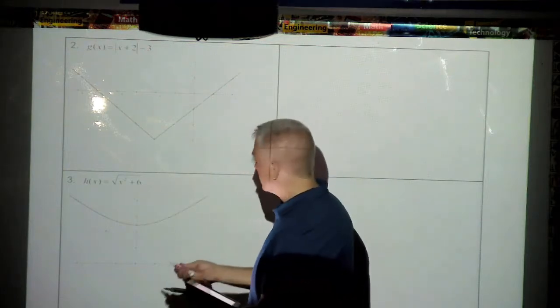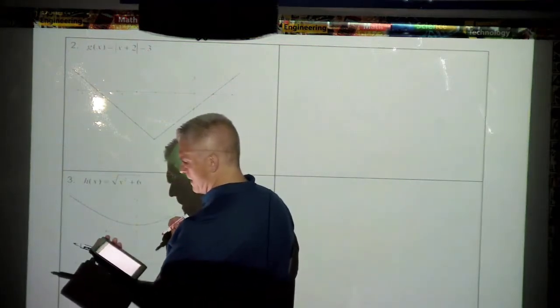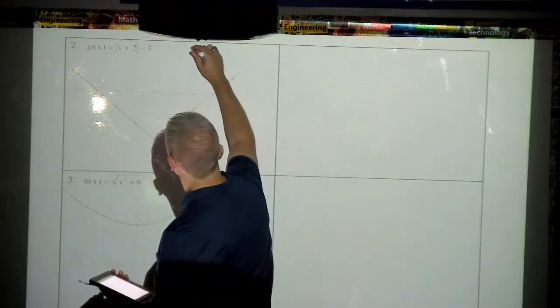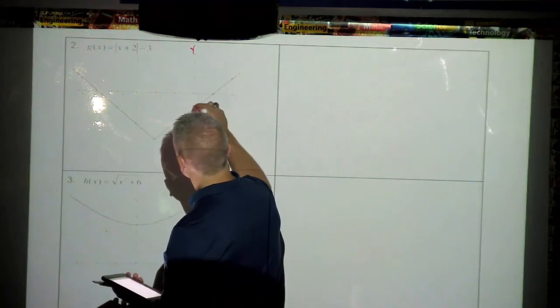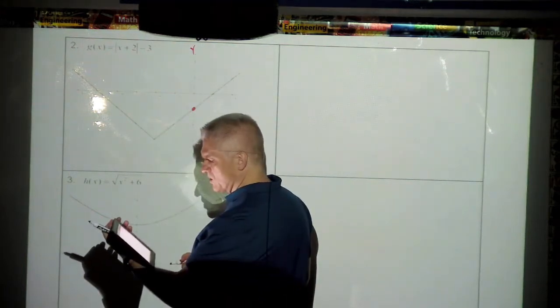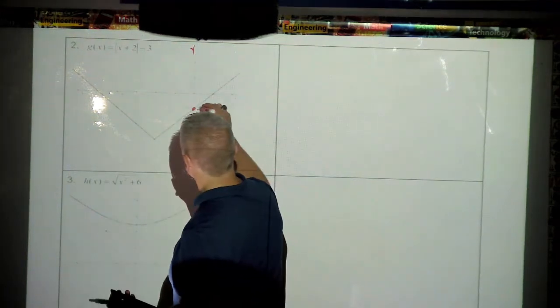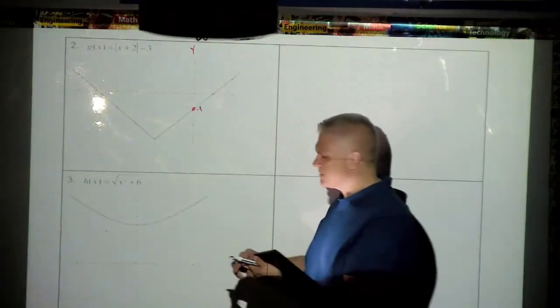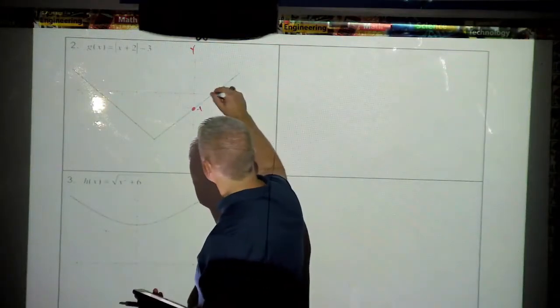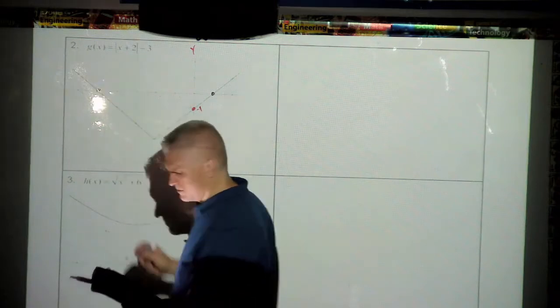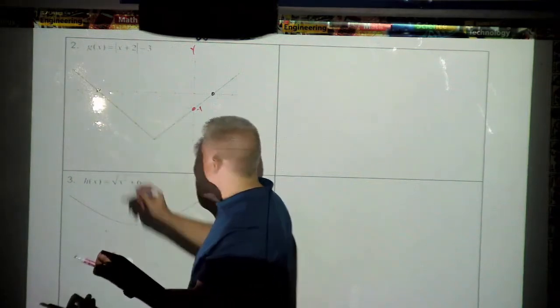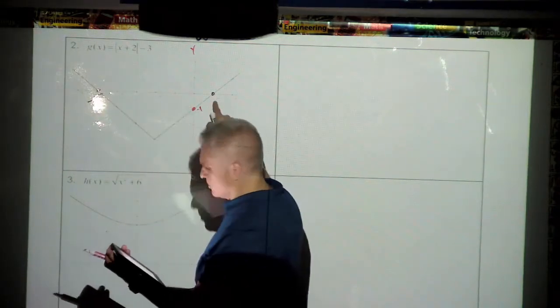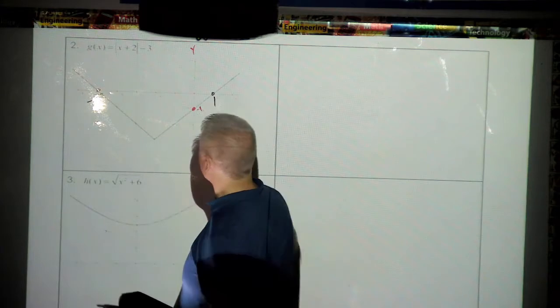Visually, my y-axis is right here, so here's the y-intercept. It looks like it intercepts at negative 1. Then for the x-intercepts, my zeros, there's one here and one here, and it looks like that's negative 5, and this is positive 1.